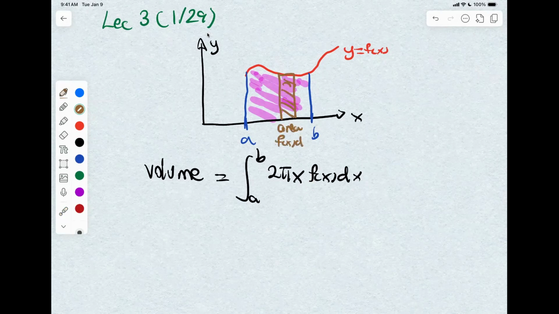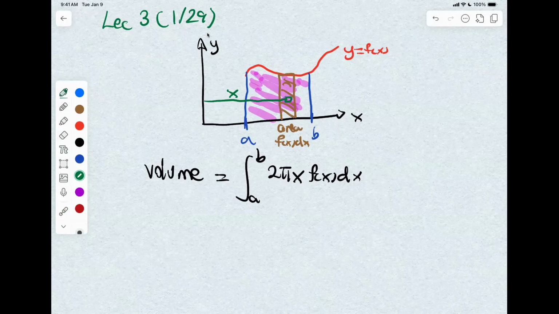If you forgot about the 2 pi x term, that is literally the formula for the area under the curve, right? You're just multiplying by 2 pi x because you had to rotate that with respect to the y-axis. This particular rectangle is at a distance x from the y-axis, so x is playing the role of the radius for the rotation. Is that making sense?